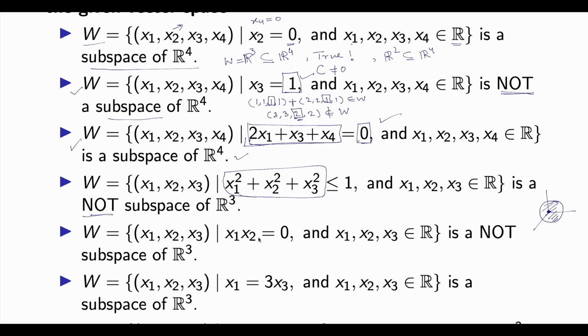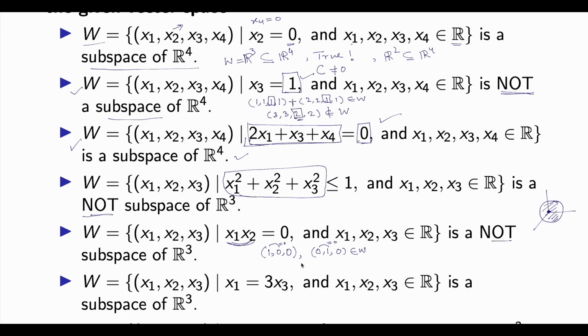Again, if you see the next example, product of two terms. A product is also not allowed basically. The product of x1, x2 is 0. So this is not a vector subspace. How? Let us take an example: 1, 0, 0 is one vector, and 0, 1, 0, let's say, is another. I want the product of x1, x2 to be 0. So clearly these two belong to W. Why? Because this product will give you 0, and this product will give you 0, right?